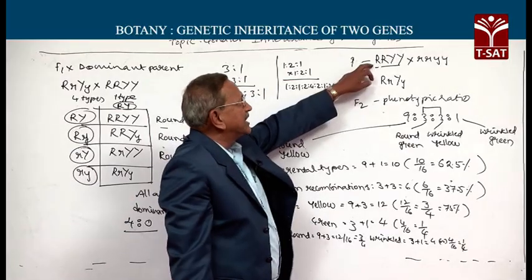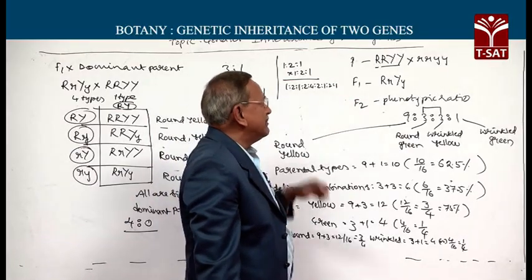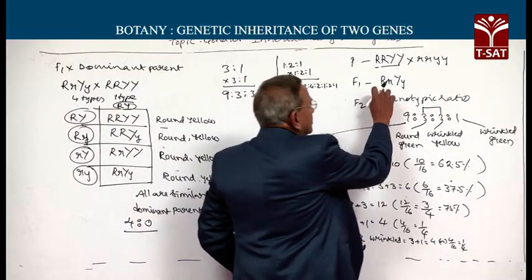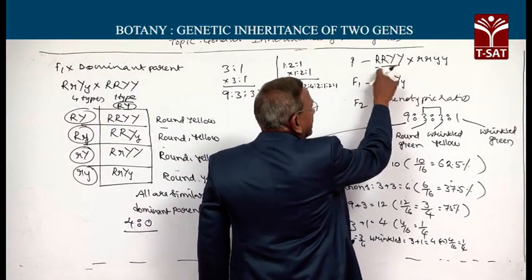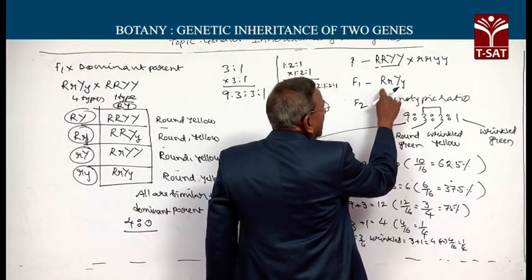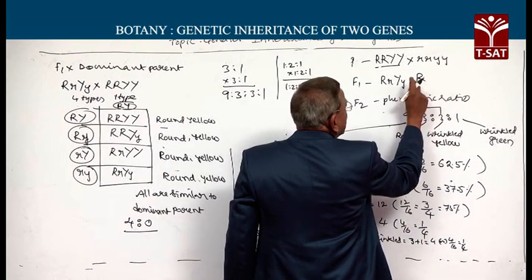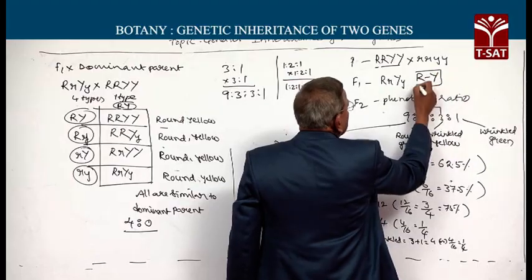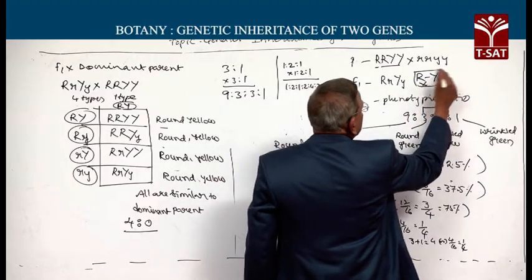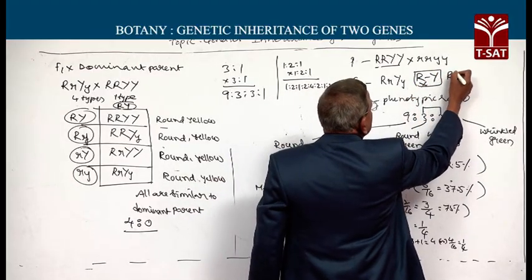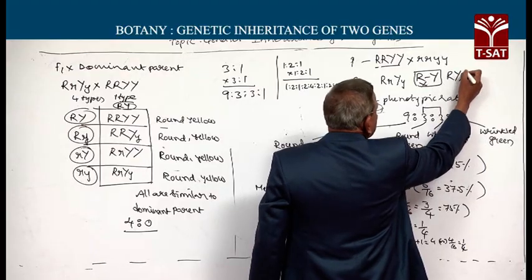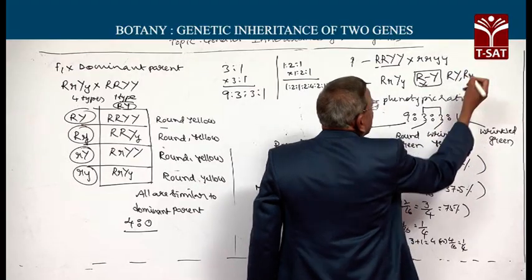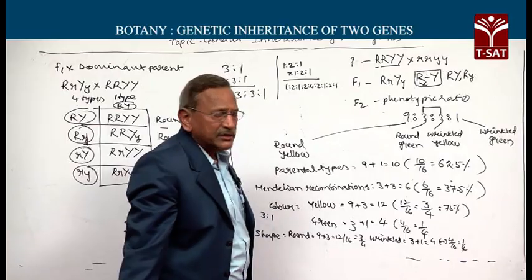Irrespective of what is parental combination, during gamete formation, if it is original parental combination with capital R, only capital Y should join. But this is not the case. During gamete formation, you have capital R capital Y, capital R small y in equal proportion.